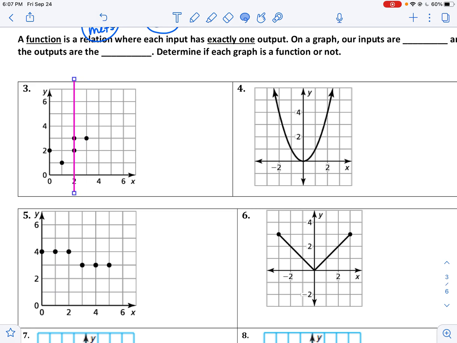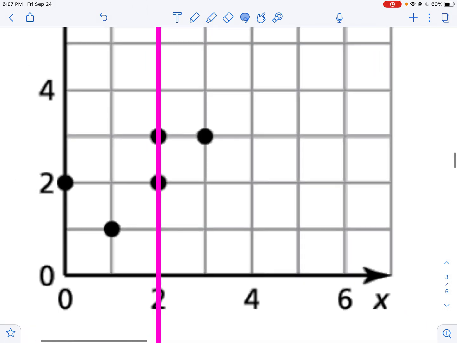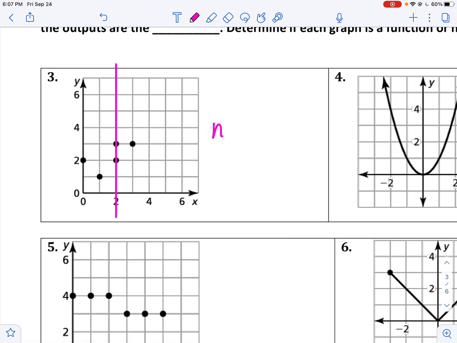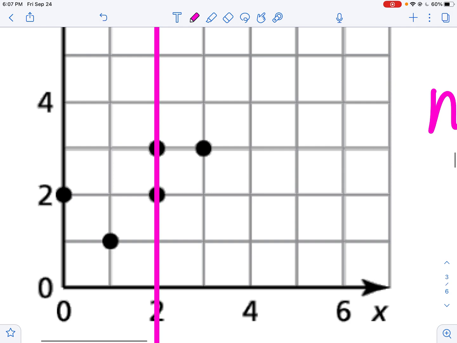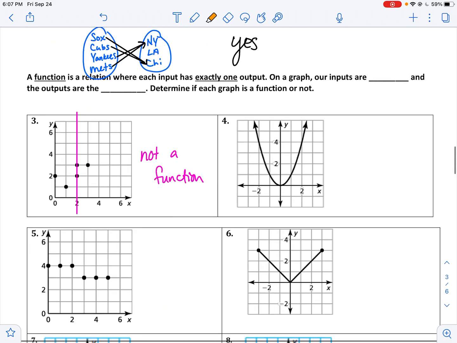And if my graph ever hits the vertical line twice at the same spot, like it does here, then that's bad. This is bad. That means it's not a function because this input of 2 has 2 outputs. So that's bad. And we call this the vertical line test.